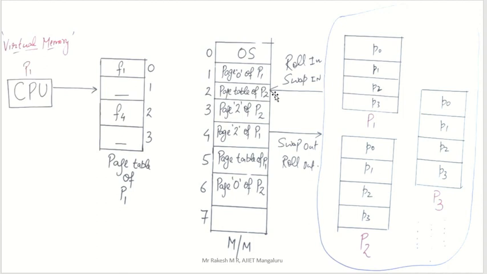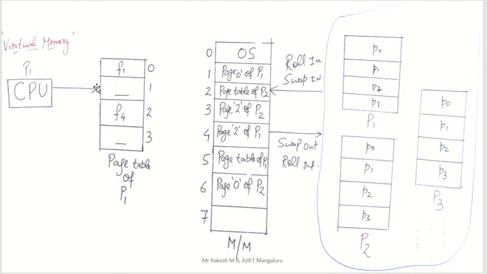How to avoid that page fault? We use swapping. We take that particular page of that process into memory. If there is any free frame, we can load it in the frame, and at that time the page table is automatically updated and the CPU can take that.